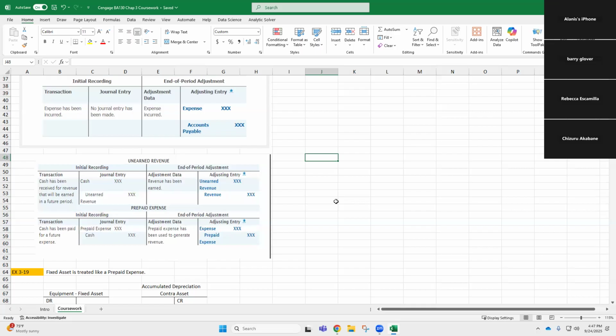Here sits your ledger. Cash is never adjusted. Cash is not part of the adjusting process. So you'll never make an adjusting entry that includes cash. Everybody got that? You'll never see an adjusting entry in cash.